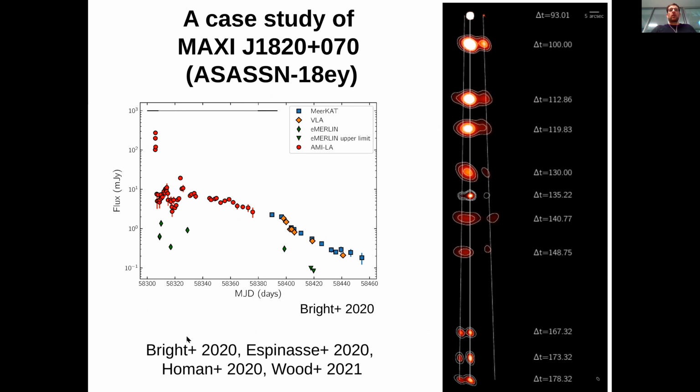As you can see from the radio light curve on the left from Joe's paper, there is some nice bright radio flaring just after the jet was ejected. On the right-hand side, you can see a really nice selection of images where you can see those jet knots propagating out and away from the system over time, and they're moving very rapidly.